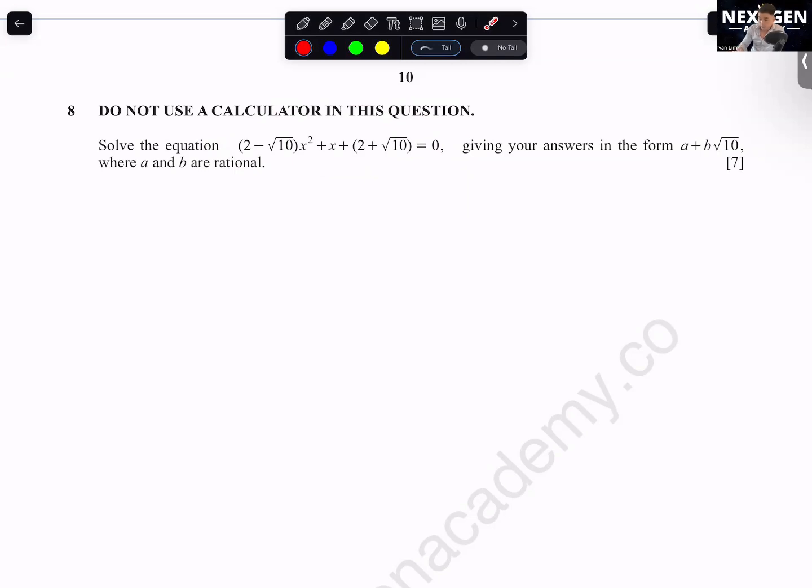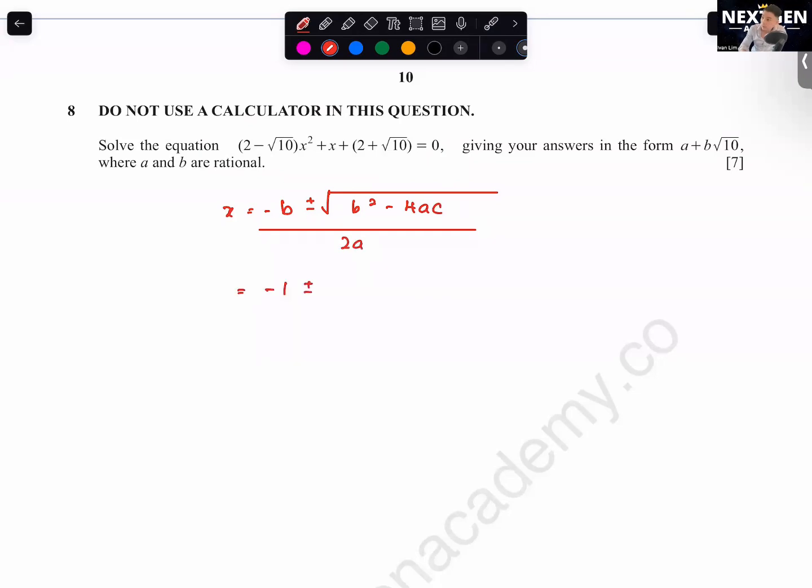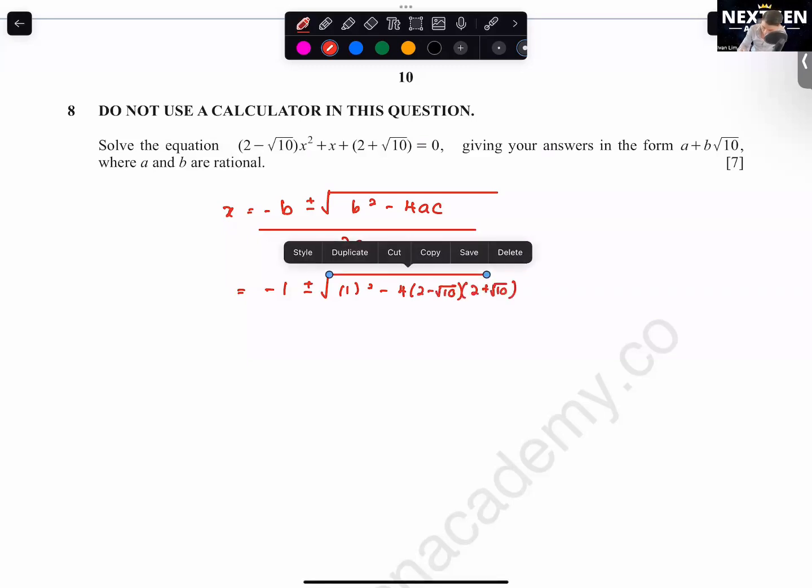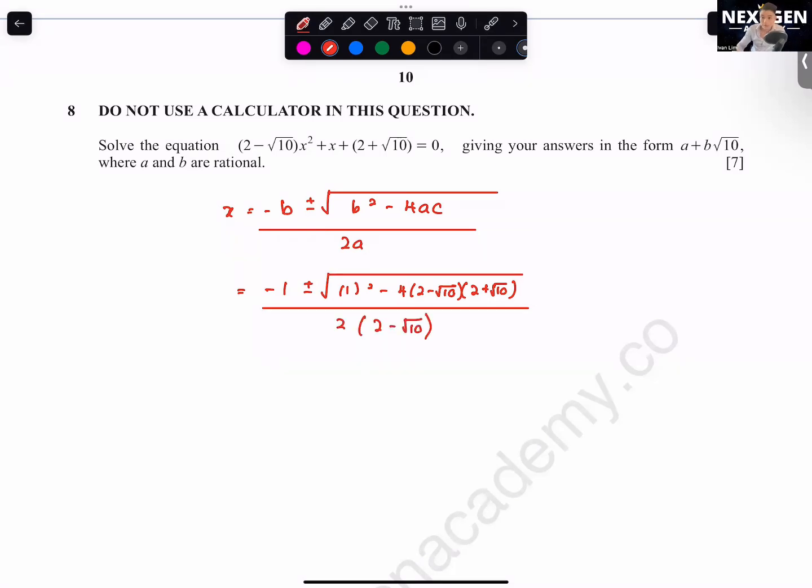So here we use the quadratic formula first, which is negative b plus minus square root of b squared minus 4ac, over 2a. Negative b, so negative 1 plus minus square root of 1 squared minus 4 times 2 times minus sec10, 2 plus sec10, over 2a, 2 minus sec10.